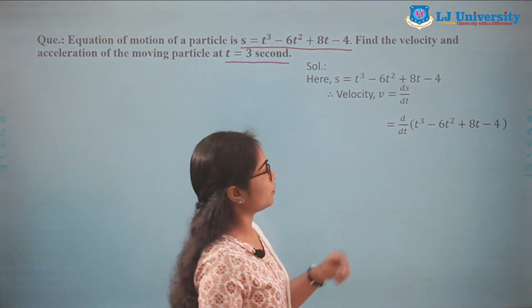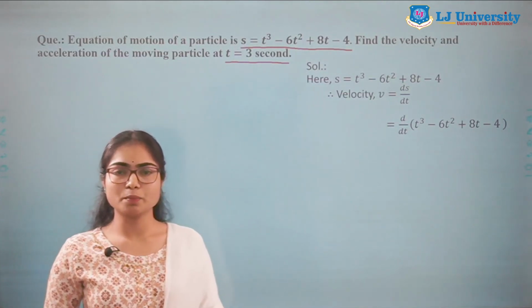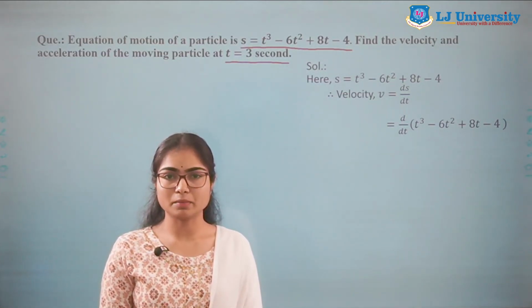That is, we have to find d by dt of s, and what is s here? t cube minus 6t square plus 8t minus 4.